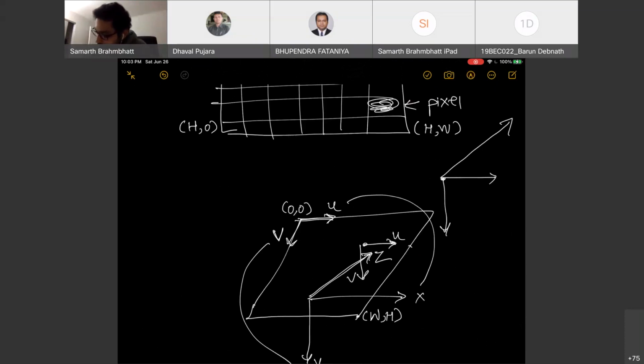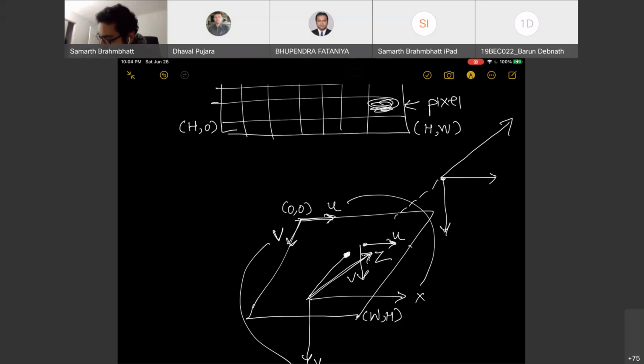then the image of it will actually go towards the central point.